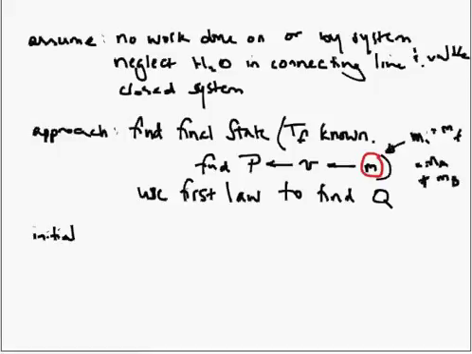Let me see if I can redo that. So we're going to find the mass of tank A and mass of tank B initially, and that's going to be our total mass, initial and final.